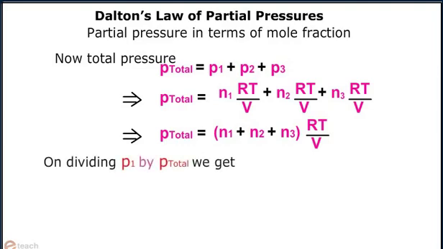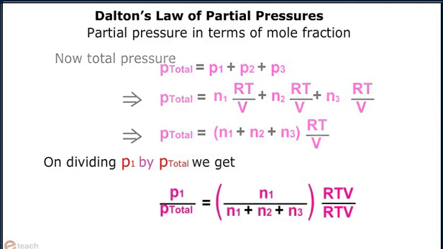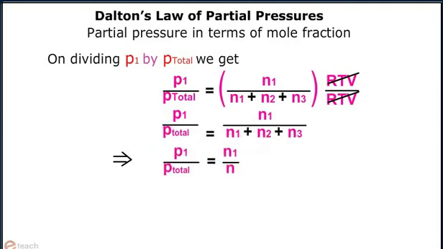On dividing P1 by P total, we get P1 by P total equals n1 by n1 plus n2 plus n3 into RT by V by RT by V. So we cancel out RT by V from numerator and denominator. Therefore, P1 by P total equals n1 by n1 plus n2 plus n3.